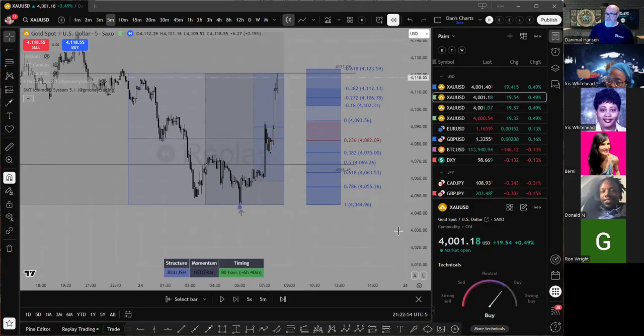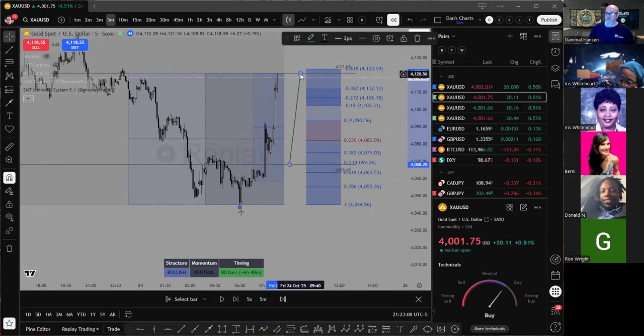It hit it identically. So what I like to trade depends on where price is at. I love trading between this level and this level, or coming back the other way. This is my comfort zone.